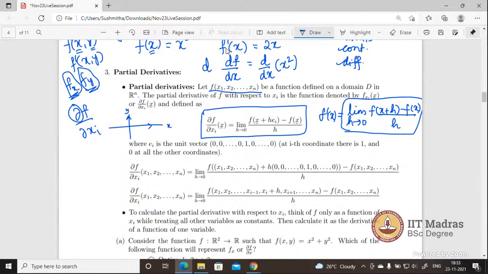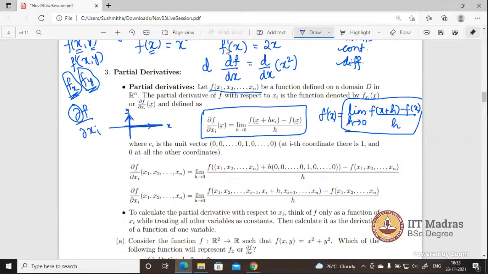When I partially differentiate with respect to x, what I get is the instantaneous rate of change along this direction. And when I partially differentiate with respect to y, I get the change along this direction.